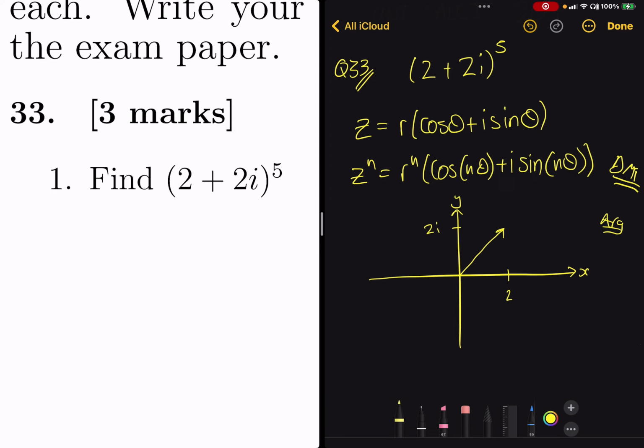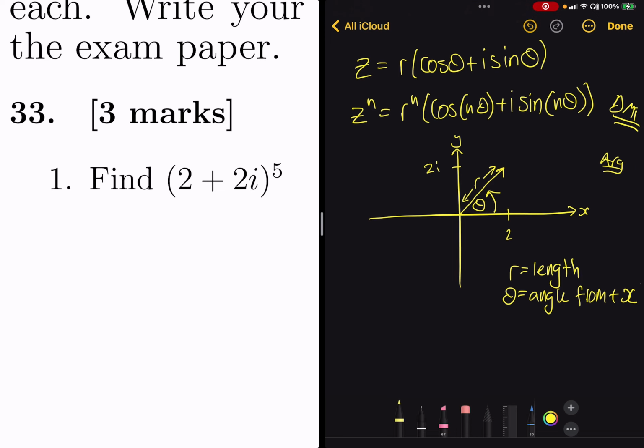Its polar coordinates are going to be r, which is the length of the vector, and theta, which is the angle from the positive x-axis. So r length, that'll be this. Theta, that'll be this. So we just need to find these two, plug them into this form up here, and then we can start using de Moivre's theorem to find the fifth power.